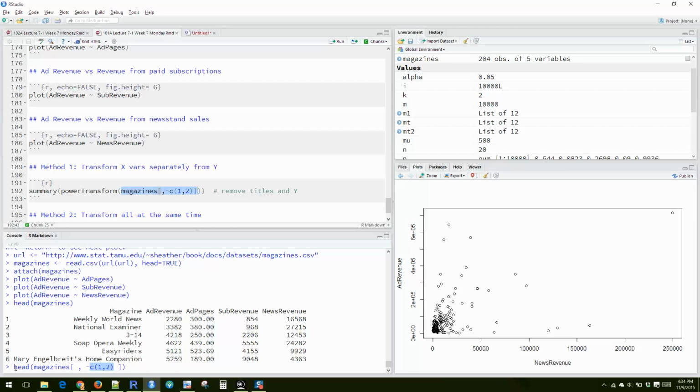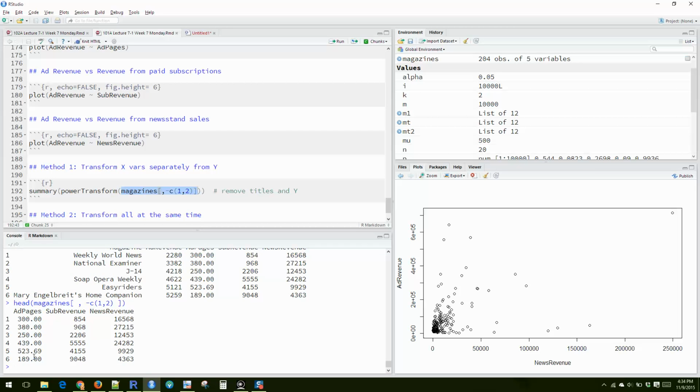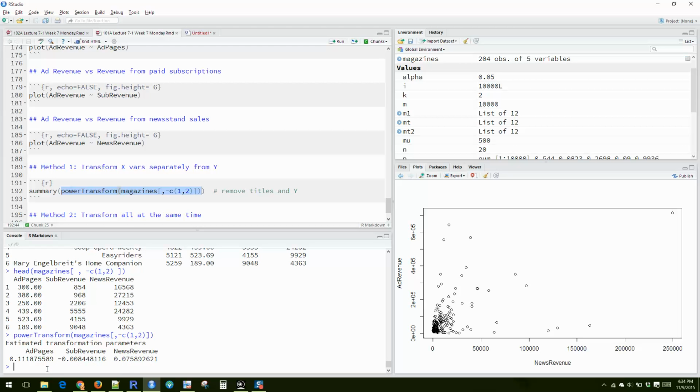Just not the first two. So this would be the data, just our x, and I feed this into this function called power transform. Power transform in and of itself will do all the math, but what it spits out is just its predicted power transforms.